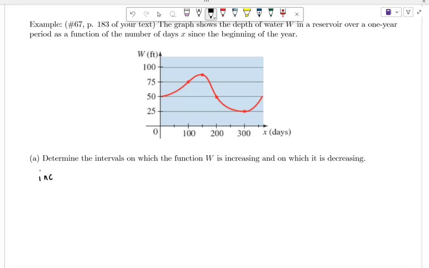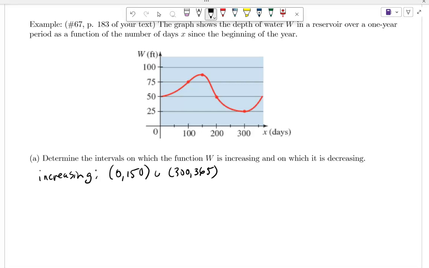Where do you see this increasing? Good, 0 to 150. Fantastic. Do you see anywhere else where it is? Good, 300 to 365. Good, I agree. And again, for increasing, decreasing, always use parentheses for your endpoint grouping symbols, if you will.